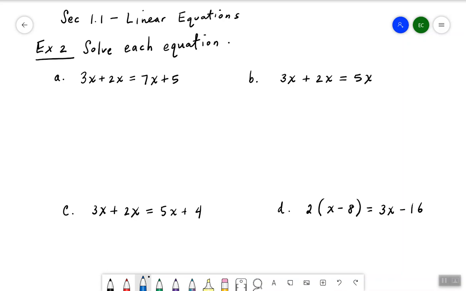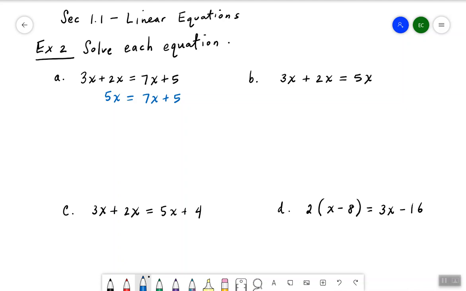In example 2a, we have 3x plus 2x equals 7x plus 5. On the left-hand side, we can combine 3x plus 2x is equal to 5x, since those are like terms. And then on the right side, we just have 7x plus 5.